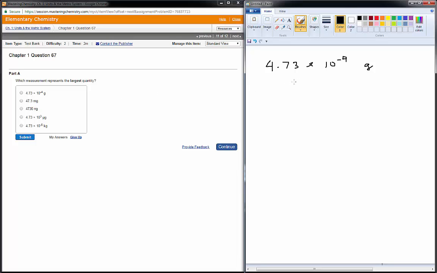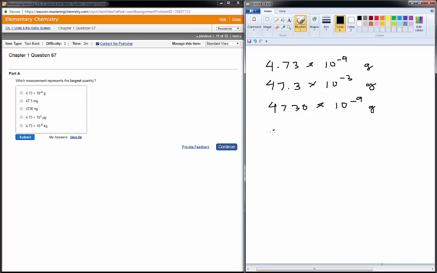Next, if I have 47.3 milligrams, I have 47.3 times 10 to the negative 3 grams, because that's what milli means. Next, I've got 4730 times 10 to the negative 9 grams.